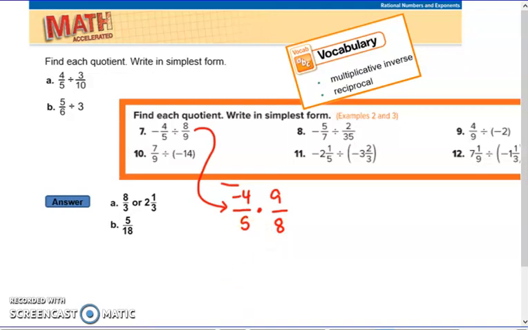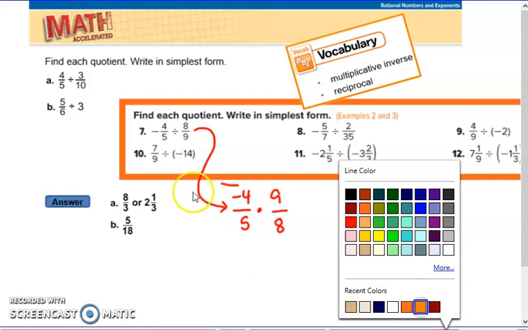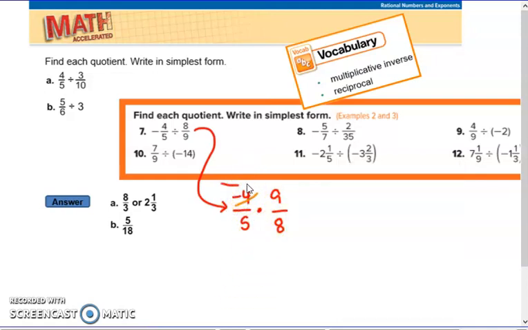I've got 4 that goes into both of these two. Cool, so divide this one by 4 and I get a -1. Divide this one by 4 and I get a 2. Well, that's pretty nice. I got a -1 times 9, which is -9, and I've got 5 times 2, which is 10. Now, that's great.